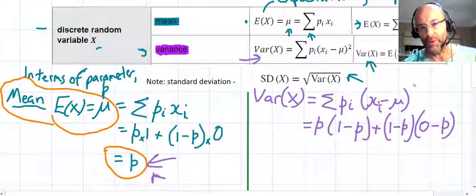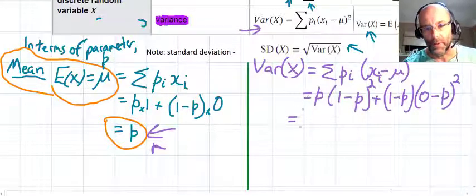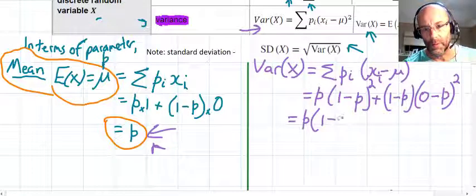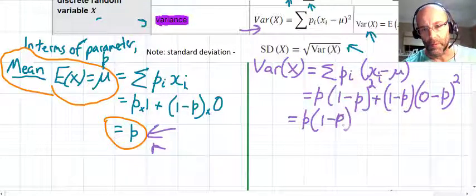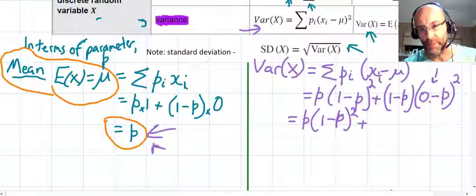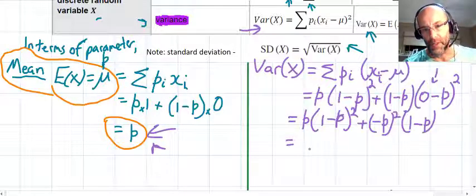and I've got to put my squared in. Apologies. Now this term here would be negative p all squared, so I'm going to put that out the front and trade places with the 1 minus p, and then negative p all squared is p squared.